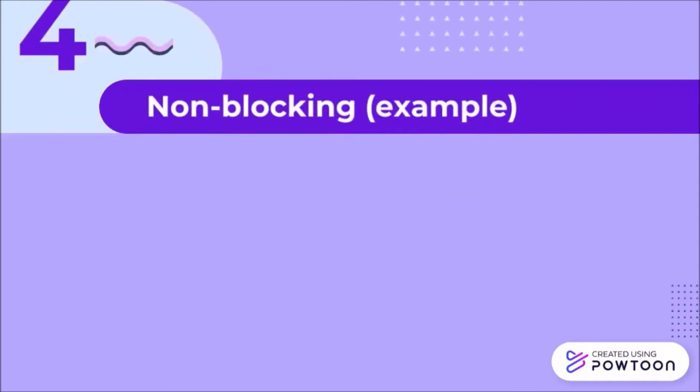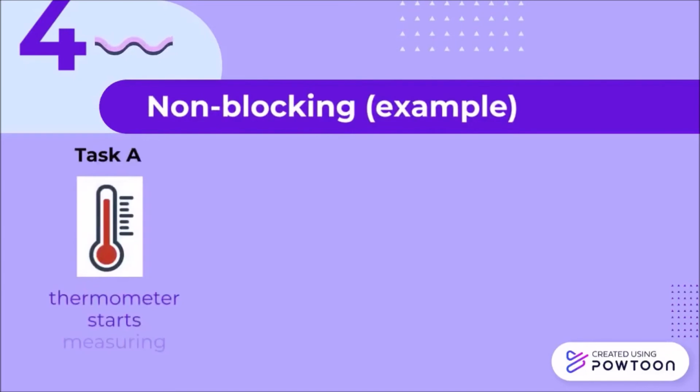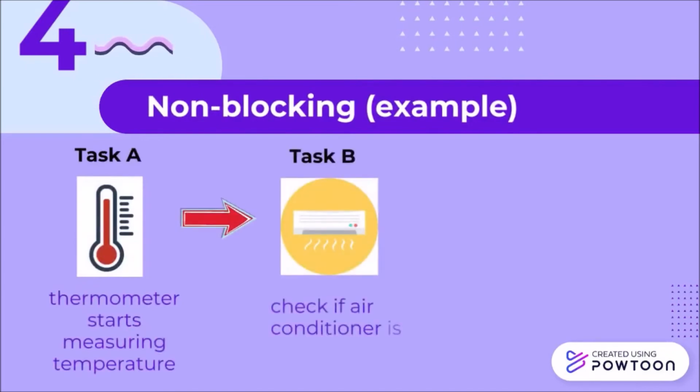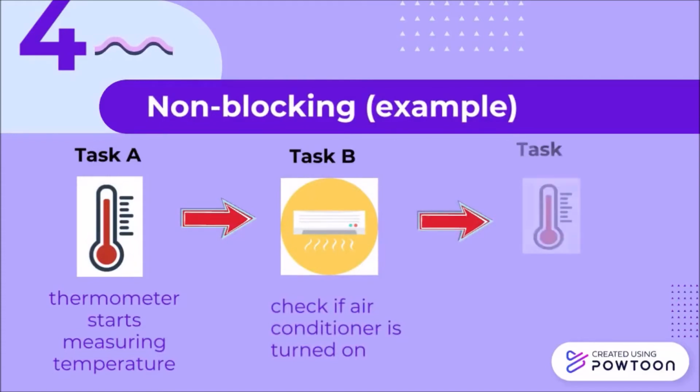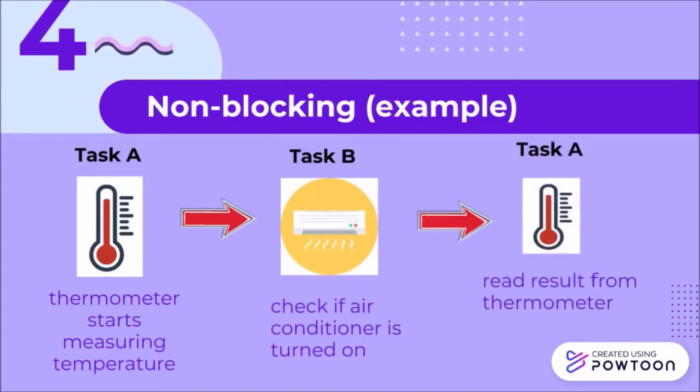For example, the device works on task A, the thermometer starts measuring temperature, then task B, check if the air conditioner is turned on, then back to task A, read the result from the thermometer.